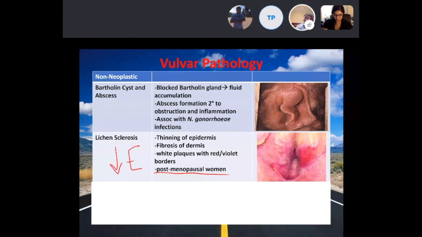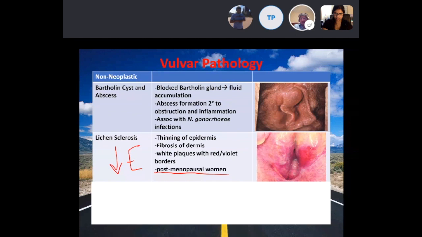Low estrogen. Because estrogen is going to add pliability to the epidermis. So when we have low estrogen, women are going to present with more frequency, urgency, UTIs, because there's less elasticity to the epidermis.